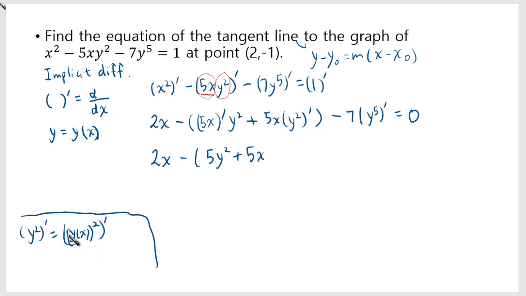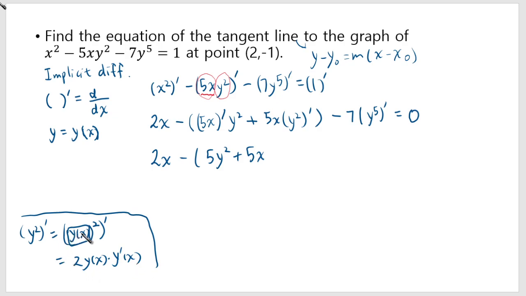So if you cover this, you remember the chain rule, right? You cover this as a big X, then you see this as x squared, which is 2x. So you write down 2y, and then you pull the inside function out and you differentiate. So I'm using the chain rule.